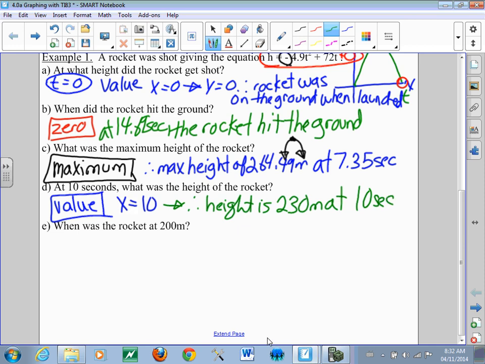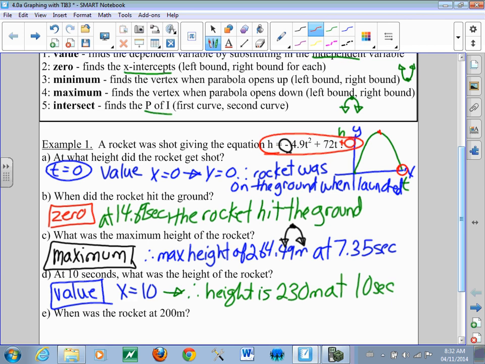Okay, next one. This is a little tricky one, but it's really cool once you see what we do here. Okay, when was the rocket at 200 meters? Well, first of all, we know that our maximum height is 264 meters, so we know it's going to make it to it.